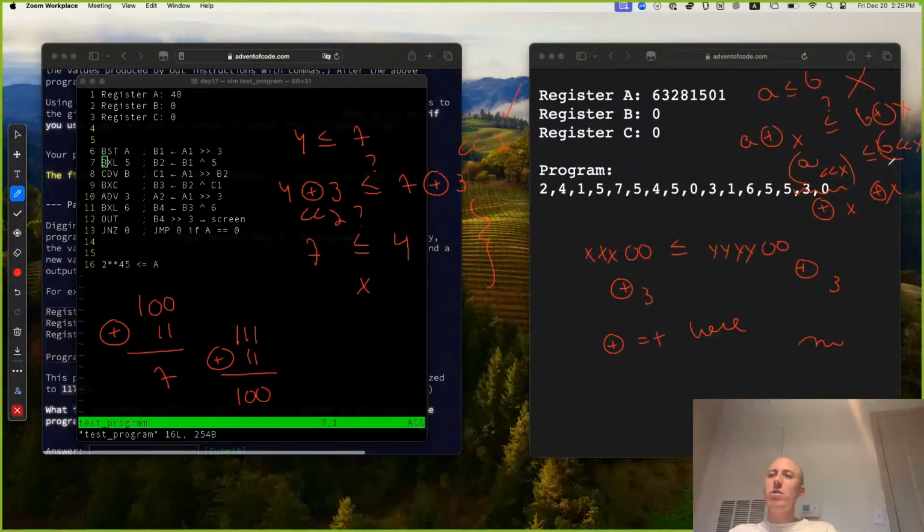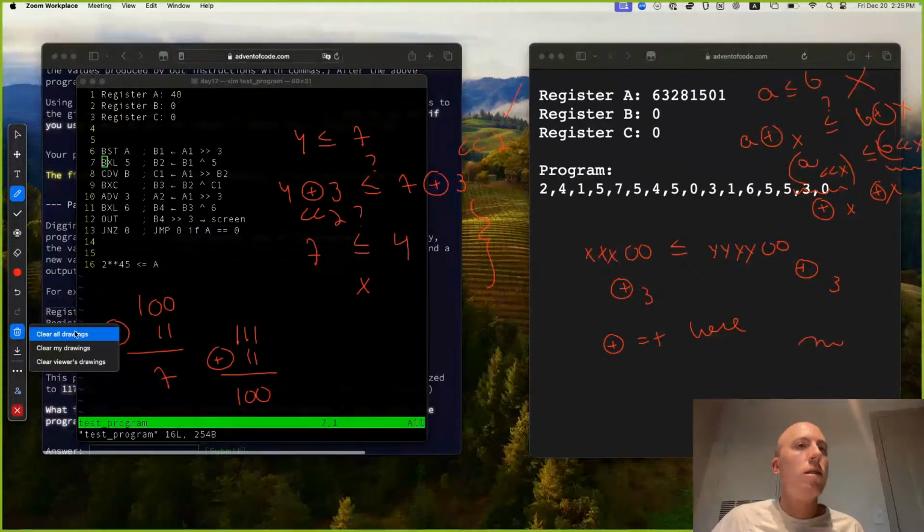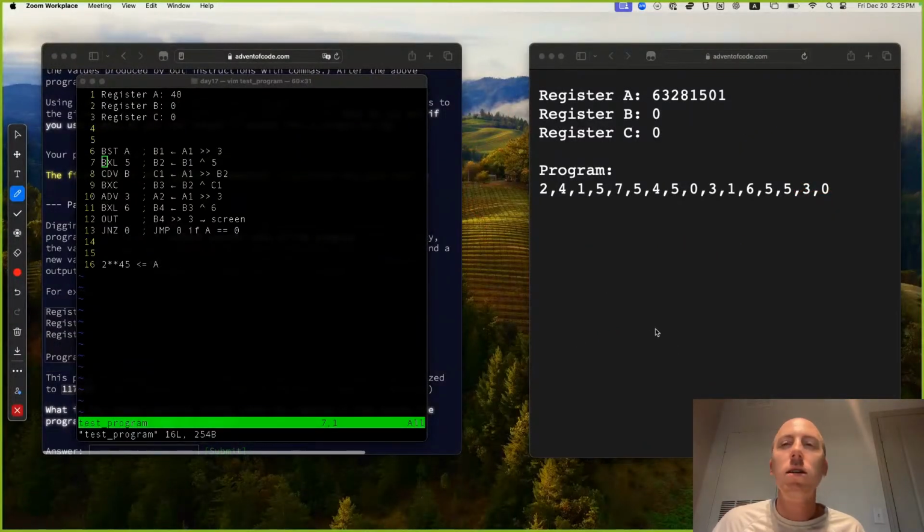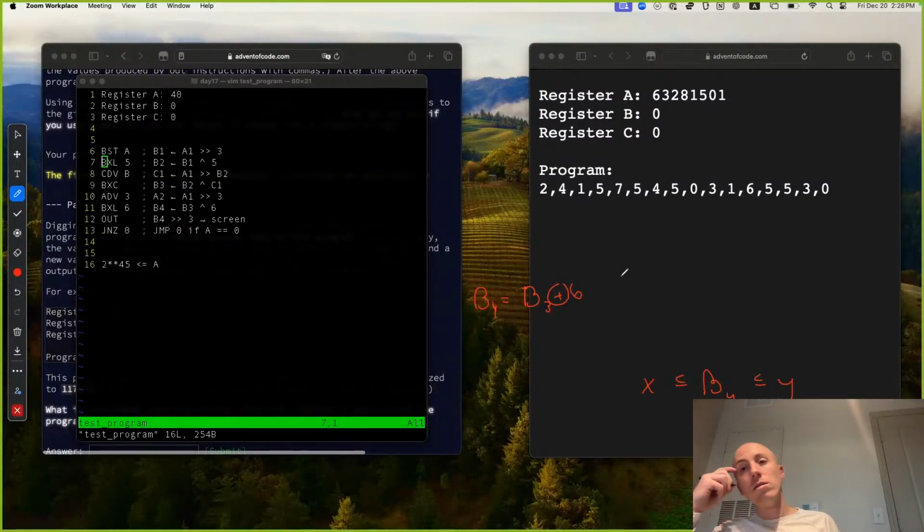This kind of looks familiar to what we were doing before, but let's stick with the end of this thing here. Like B4 has to be less than or equal to some value, and we say that B4 is equal to B3 XOR with 6. So we want B3, though.